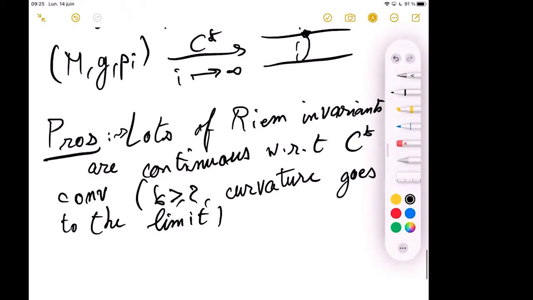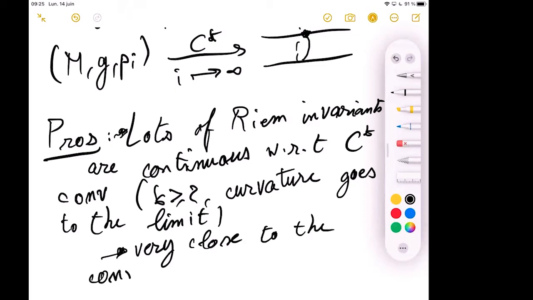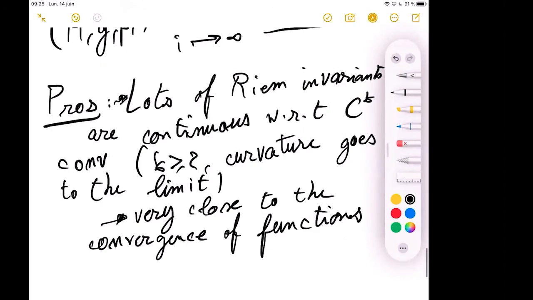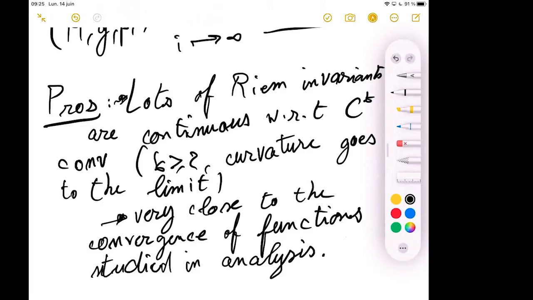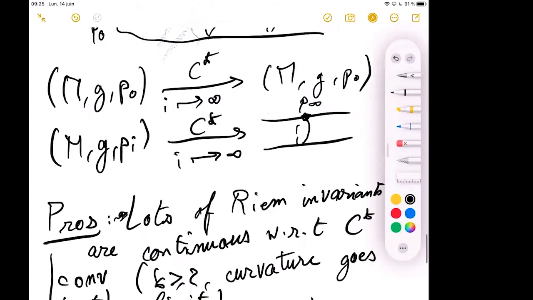And this is very close to the convergence of functions, the C^K convergence of functions which are studied in analysis. And so it's also flexible.